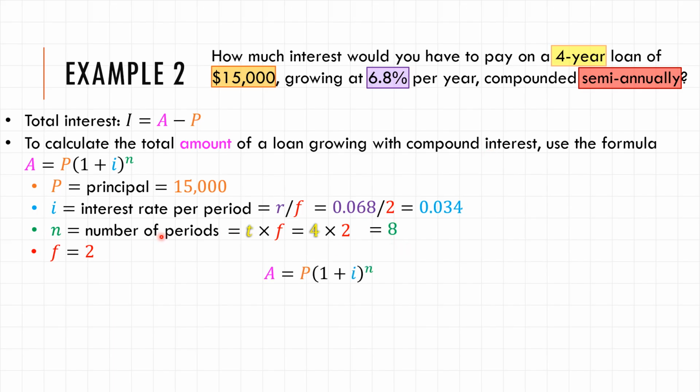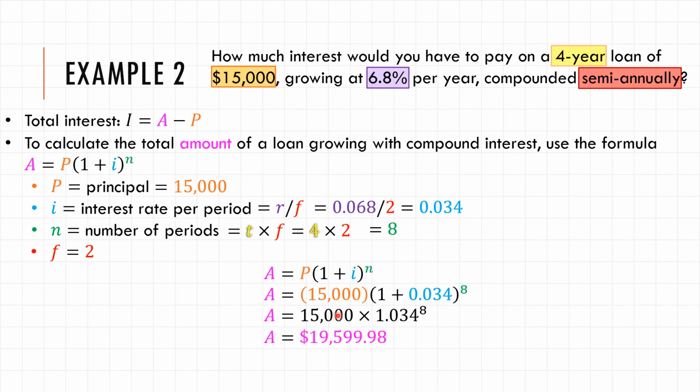And when we use our formula, P times 1 plus i to the power of n, i is 0.034. We will add that to the number 1 to get 1.034. And then do 1.034 to the power of 8 times 15,000, and that would tell us that our loan has grown to almost $20,000. Now, how much interest did we pay?